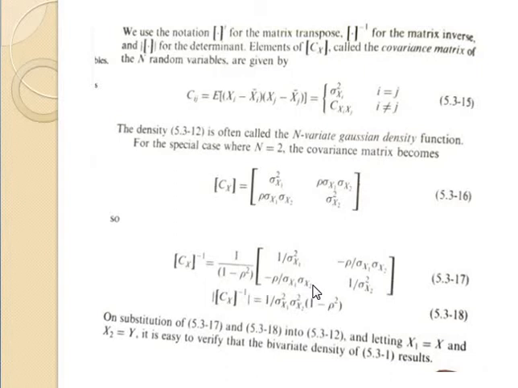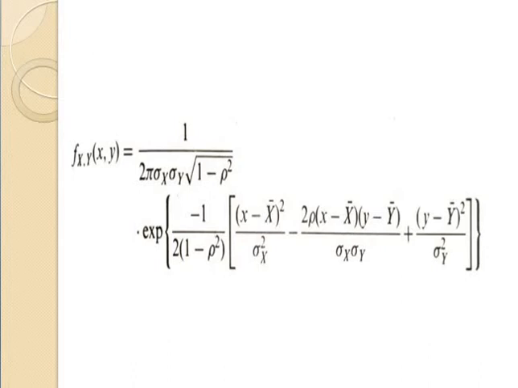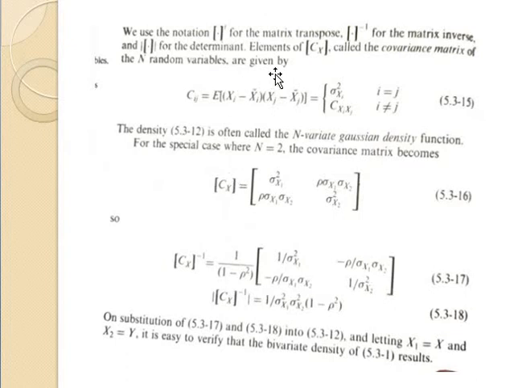We know before that Gaussian random variables are said to be bivariate, and we will get this bivariate nature of the density function, because we took only n equal to 2. That's why we have got this expression.